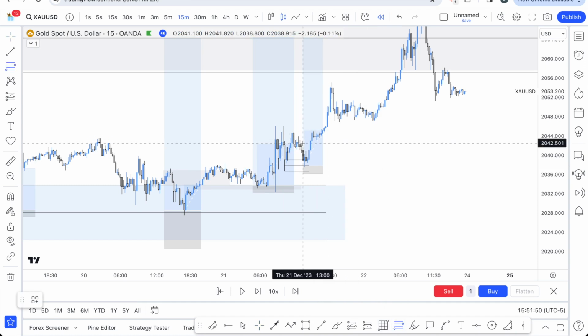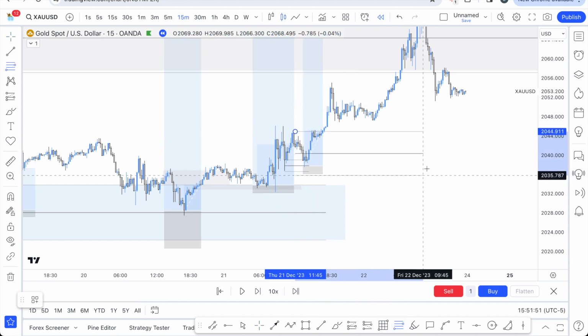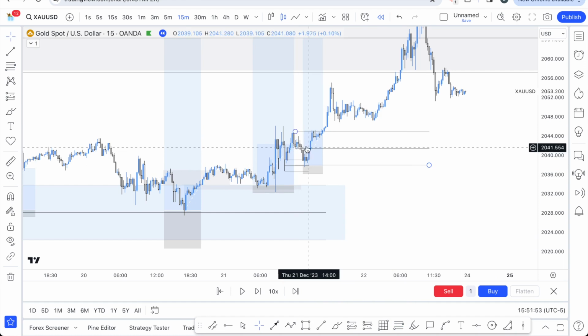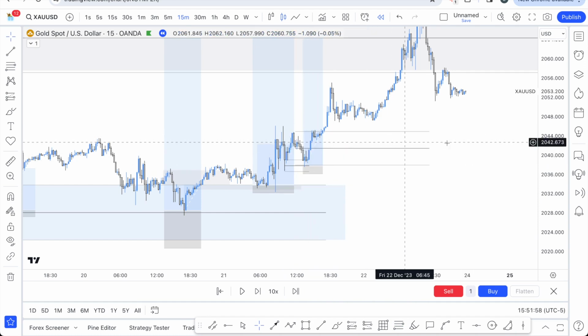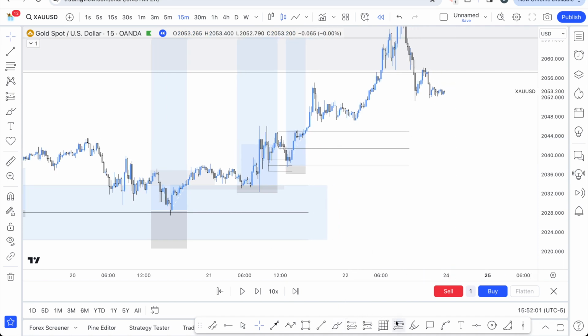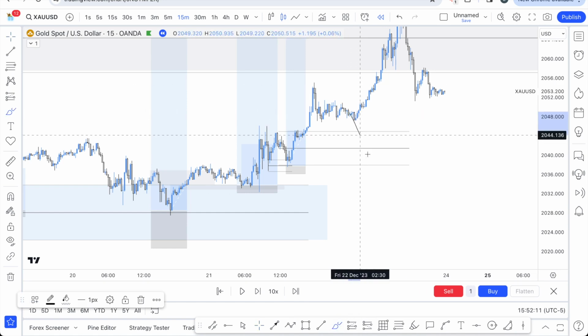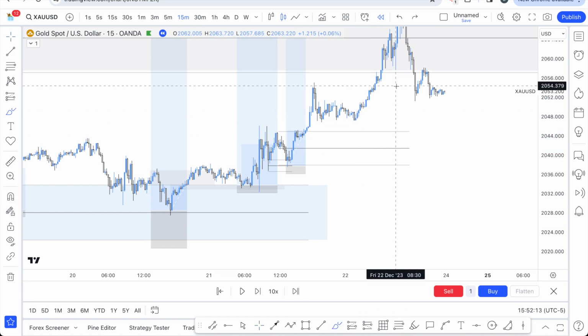Now notice here, I'm looking for price to get into this demand zone, this failed supply. That's what I'm talking about actually. But price doesn't actually get there, and that's okay. Just as long as you start reading what price is doing in here now, right? If price is going sideways, don't think for once that price is always going to give you what you want, where price comes into this demand zone, for example.